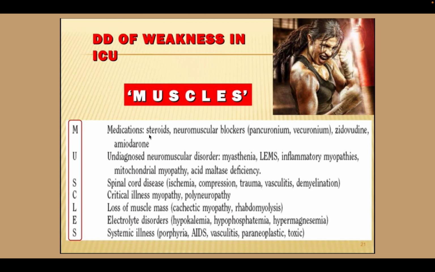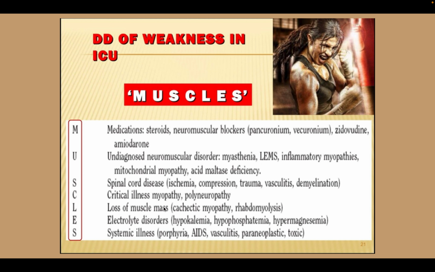M stands for medications, U stands for undiagnosed neuromuscular disorders like myasthenia, inflammatory myopathies, mitochondrial myopathies. S stands for spinal cord diseases related to or caused by ischemia, compression, trauma, vasculitis. C stands for critical illness myopathy or polyneuropathy.